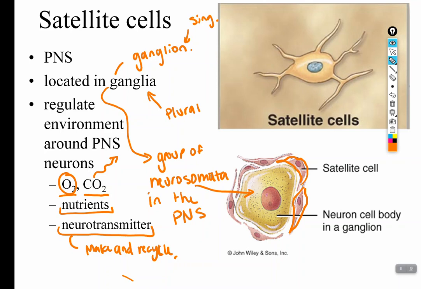So continuing with our theme that we were talking about in the central nervous system, and just about cells in general, if we're going to have cells that are really busy, like neurons, doing lots and lots of things, so biosynthetic activities, depolarization activities, they're going to need a support staff of some kind.